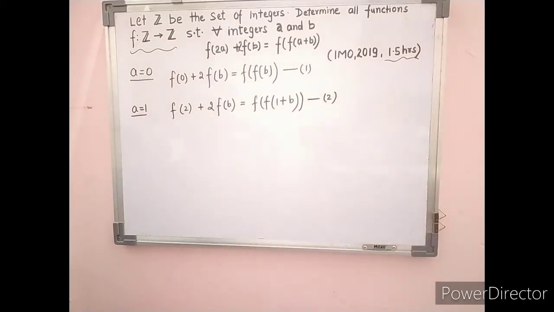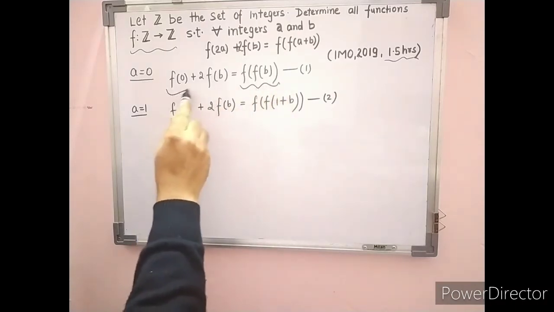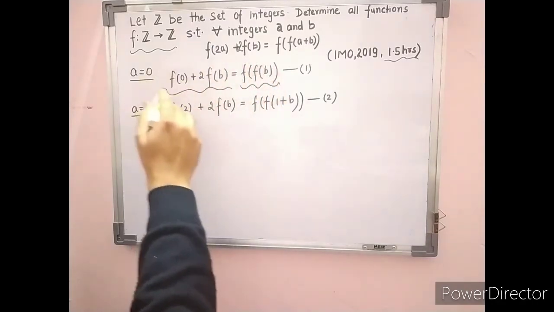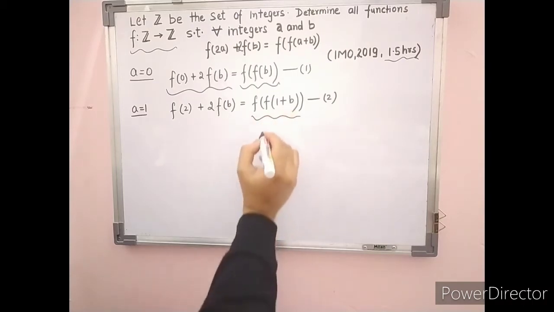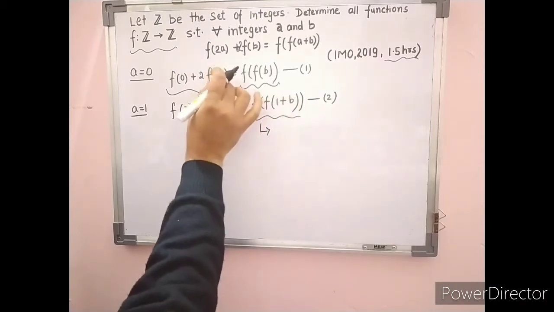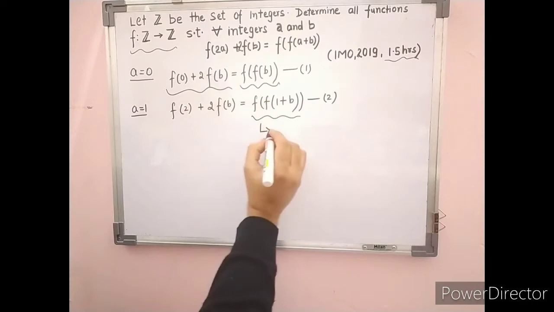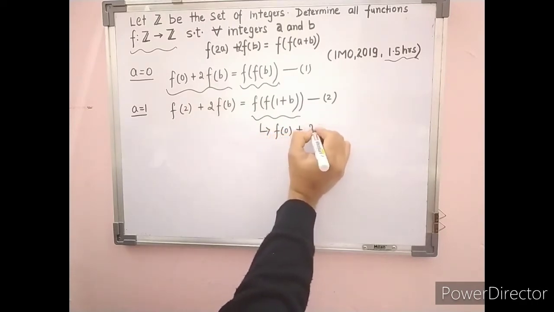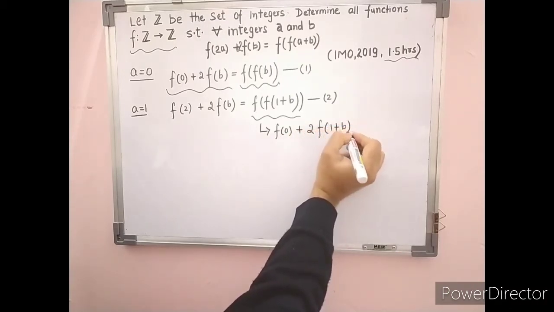Now what can we do from here? See, actually we got f(b) as f(0) + 2f(b). So if we follow this definition, what can we write about f(1 + b)? We will substitute 1 + b where there was b, so that will be f(0) + 2f(1 + b), right?